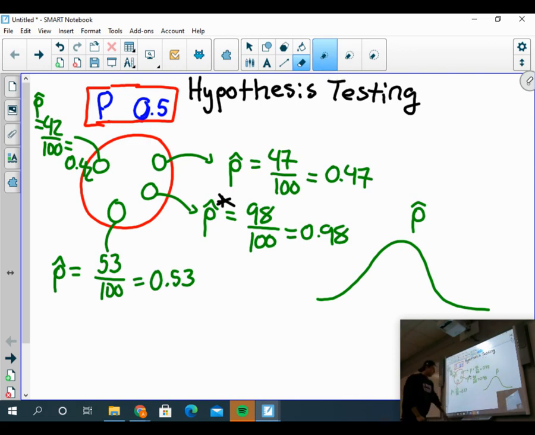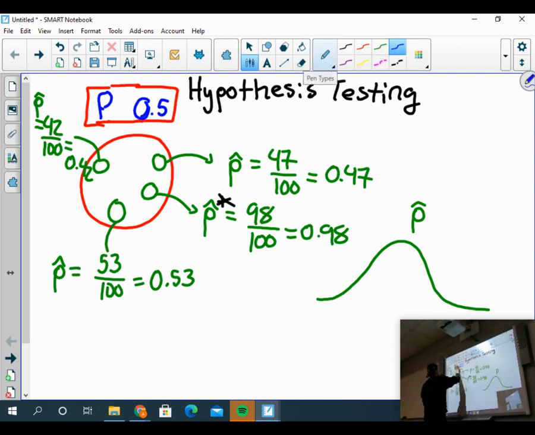This is the idea of hypothesis testing. We have a traditionally held belief for something. Let's say it's flipping a coin. We have a traditionally held probability, but if we get certain sample data, we might question and ultimately reject our traditionally held belief.